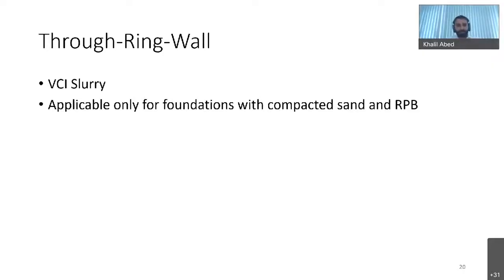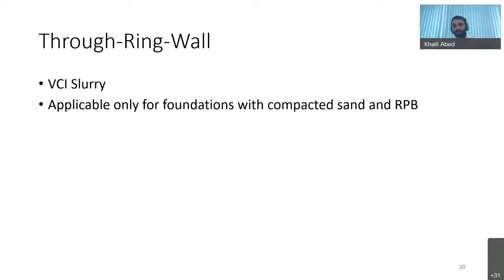The second application methodology is the through ring wall application, and this application methodology is applicable for tanks specifically constructed on ring wall, whether it's a concrete ring wall or crushed stone ring wall, with clean sand, because again, the presence of oily sand or the presence of asphalt may reduce the diffusion of the VpCI if injected underneath these layers, because the diffusion rate of vapor phase corrosion inhibitors through such layers is very low.